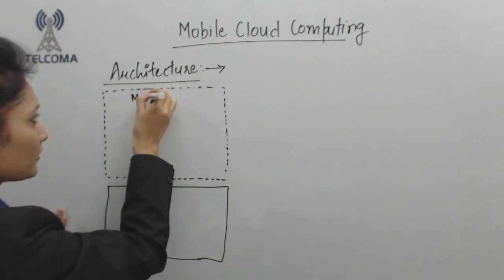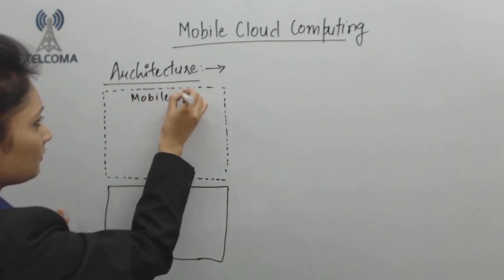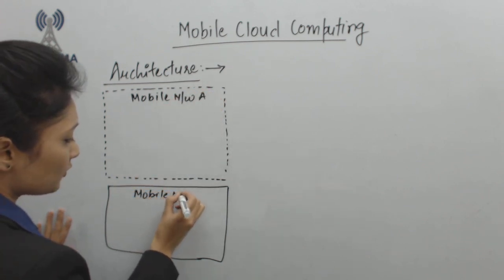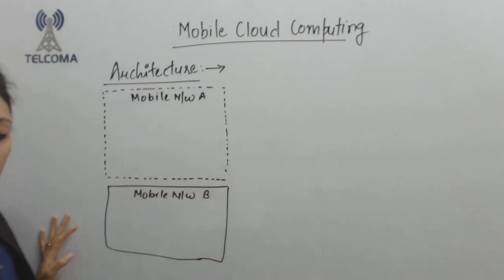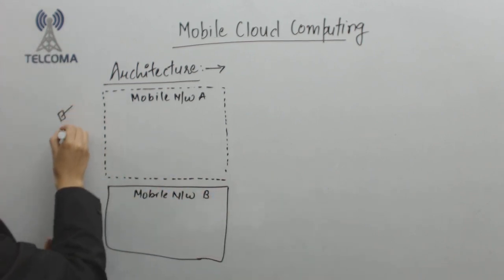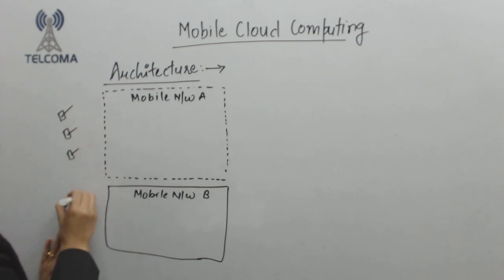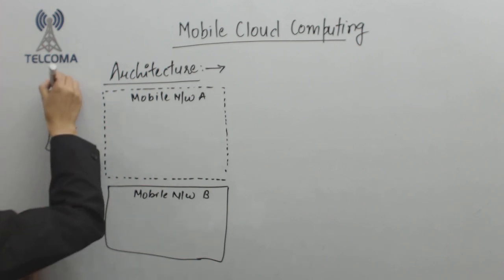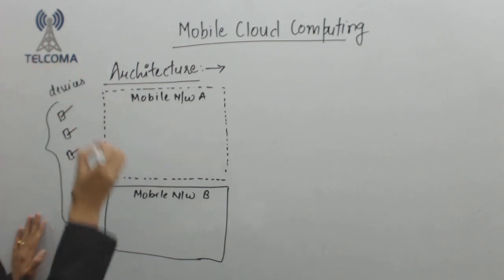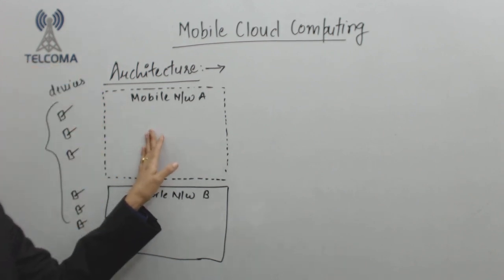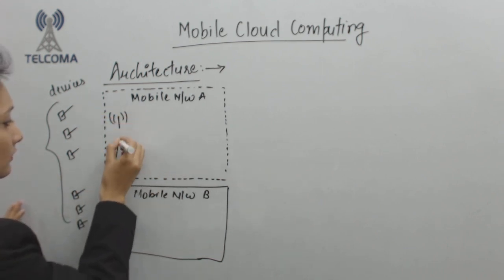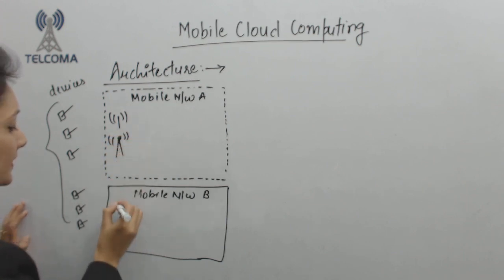Let's consider this is your mobile network A and this is mobile network B. Now there are a number of mobile devices, your smartphones. After that, in this mobile network we will have some access points, like your base stations.